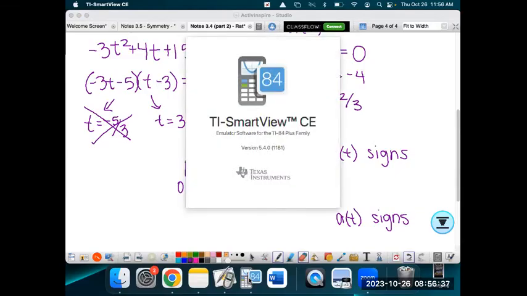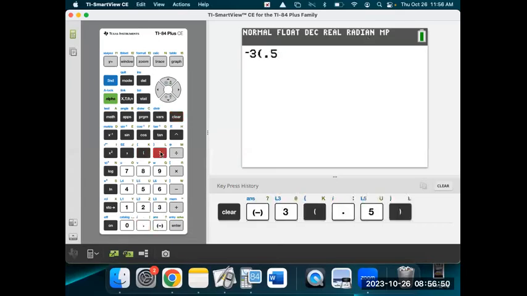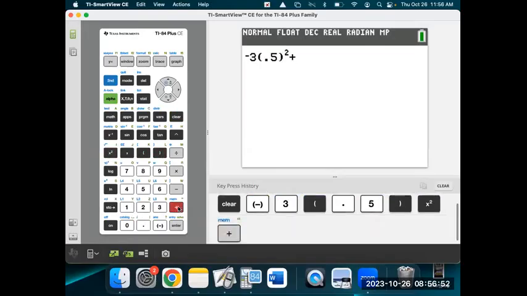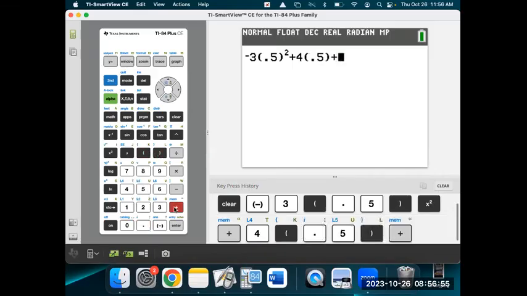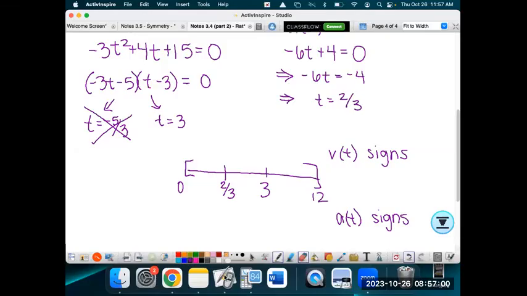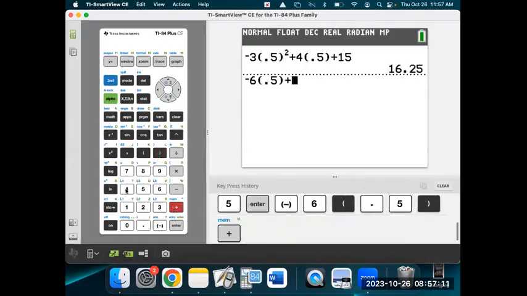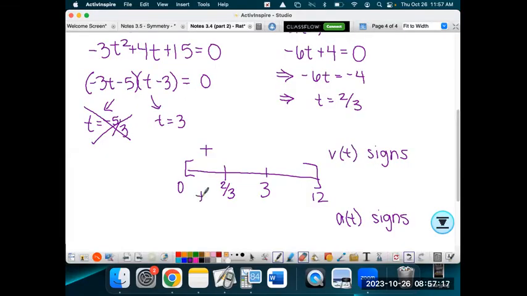Let's get that put into our calculator. And we're getting something that's positive. I don't care what the number is per se, but I just want to know that it's positive. If I plug half into my acceleration function, negative 6 times half plus 4, that is also positive. So that tells me that this interval right here is speeding up because my acceleration and my velocity are the same sign.